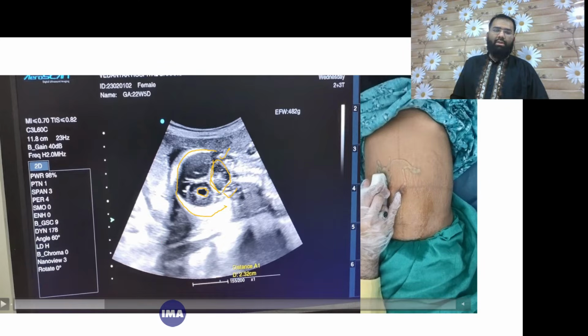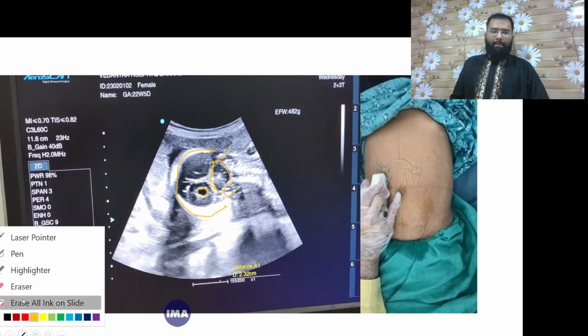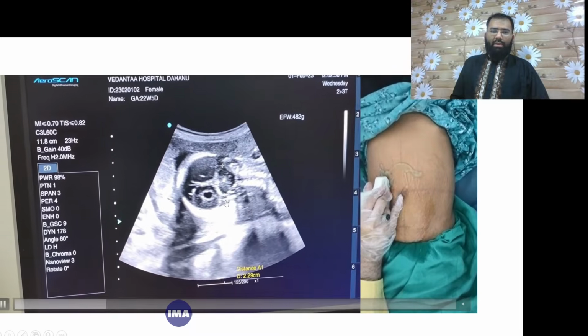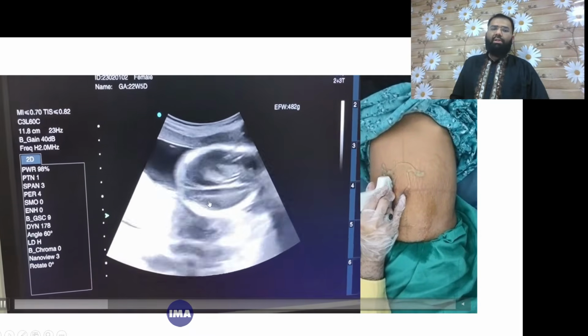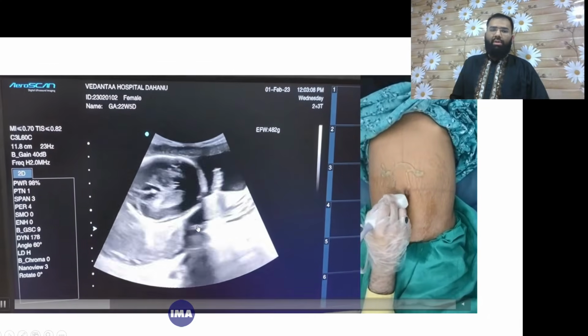Transverse cerebellar diameter can be taken in axial section, and it can also be taken in coronal section. Now this is transverse cerebellar diameter, which corresponds to the gestational age till 28 weeks of gestation.